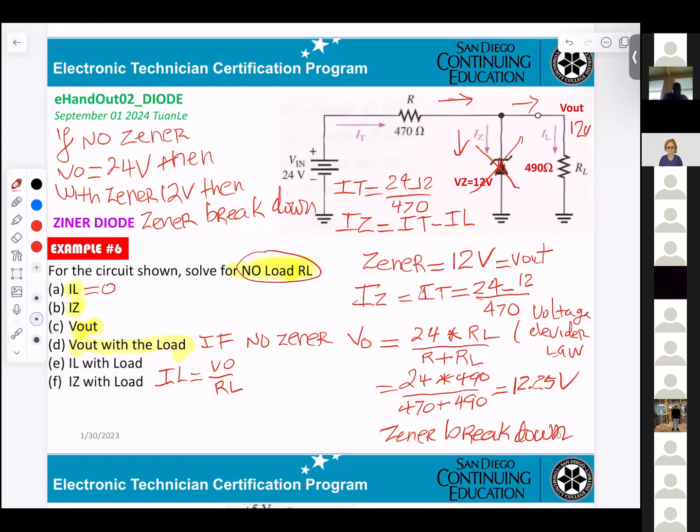The thing is, if you are done with the level DC fundamental, the next step you will be working on the diode. The circuitry will be different from DC fundamental. That will be a semiconductor.